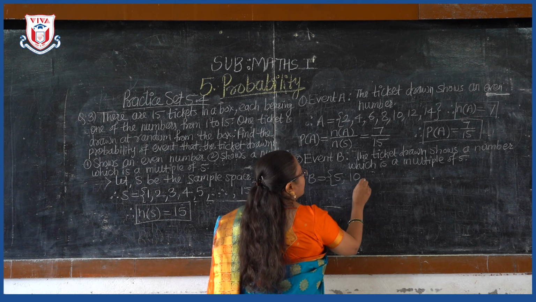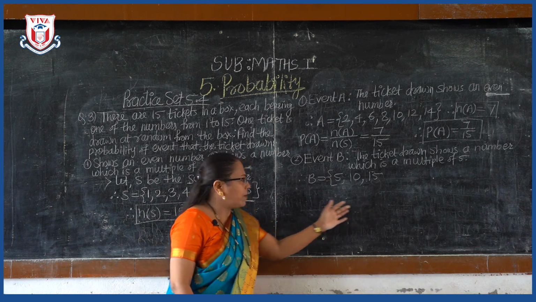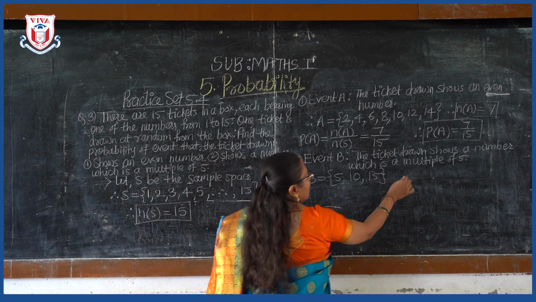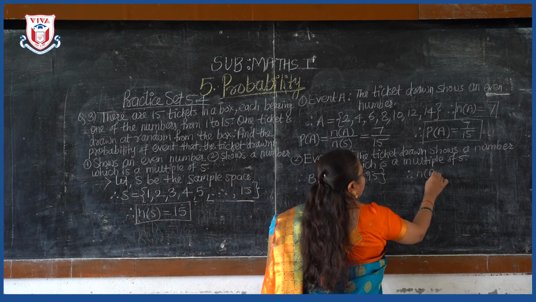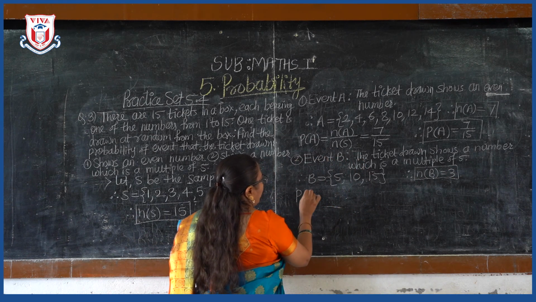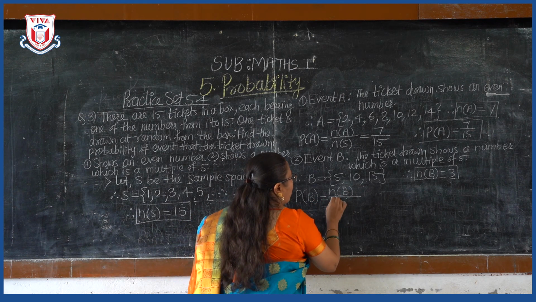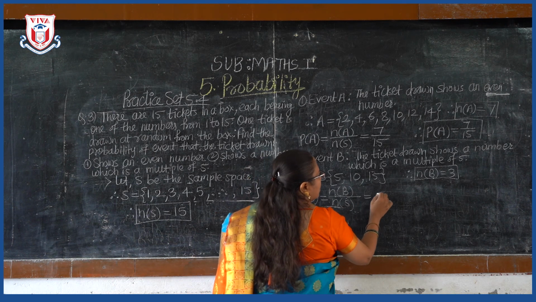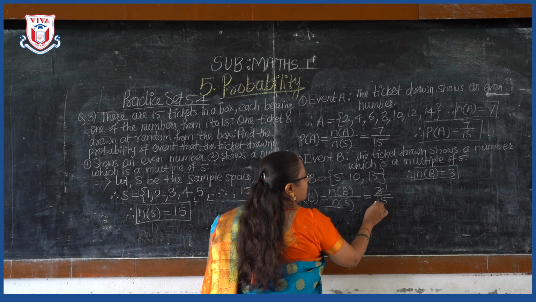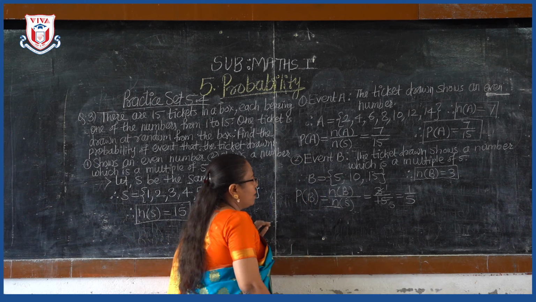Second number is 10. Third number is 15. After that we can't take because we have only up to 15. And therefore n of B is equal to 3. Find the probability. P of B is equal to n of B upon n of S. N of B is 3, n of S is 15. Now simplify this. 3 1s are 3, 3 5s are 15. So we got fraction 1 upon 5.